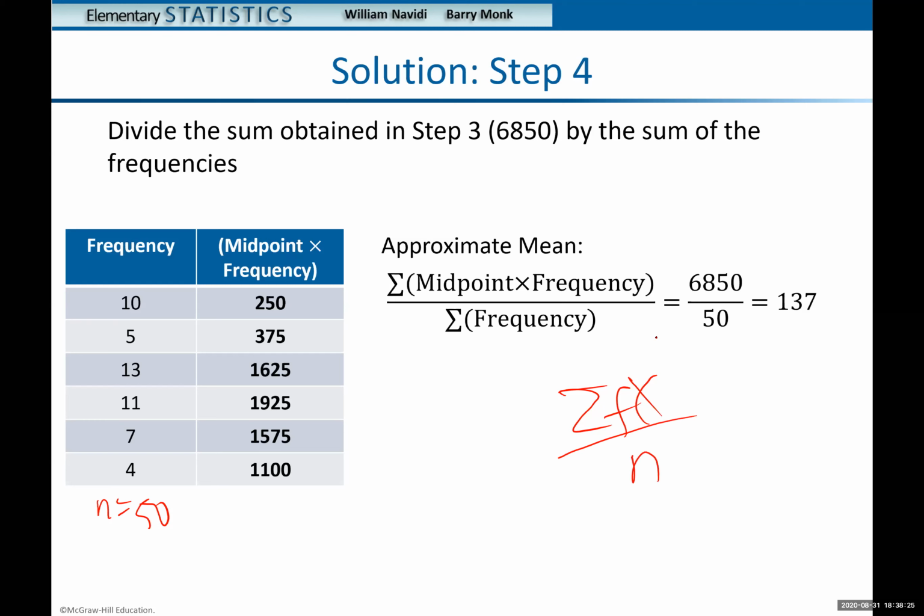This one is 6850 over your total n, 50, is equal to 137. So that is your mean. Any questions? No questions?